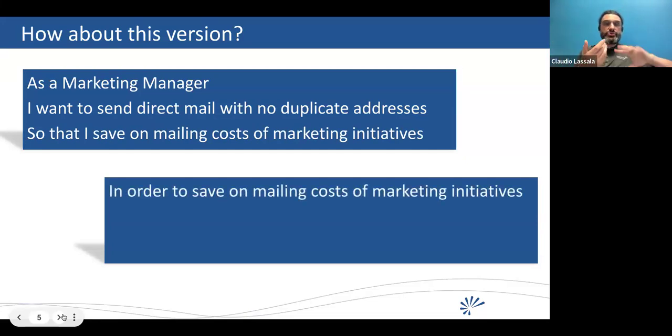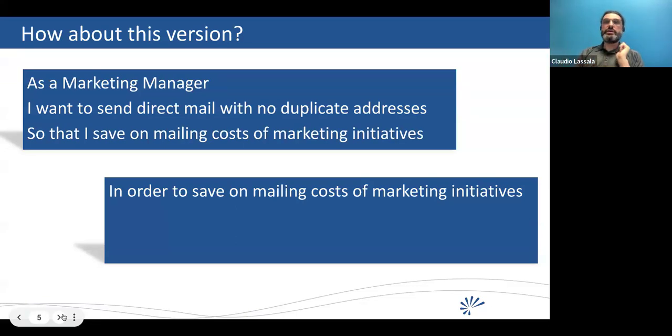So I've learned many years ago to flip that around, where instead of having "so that" as a last line, we start with that, the valuable thing. Start with why. If you've heard of Simon Sinek's book, Start with Why, it's that what resonates with me. Start with the why thing. In order to save on mailing costs of marketing initiatives, that's our target.